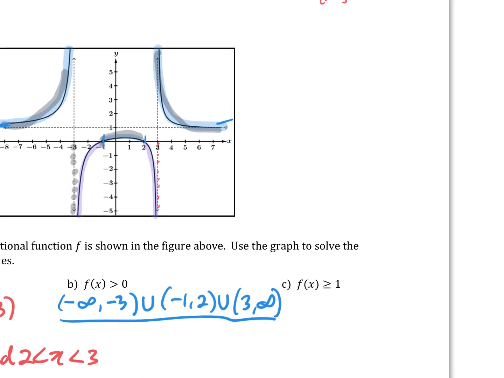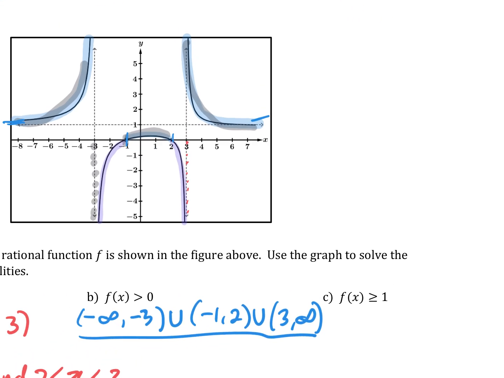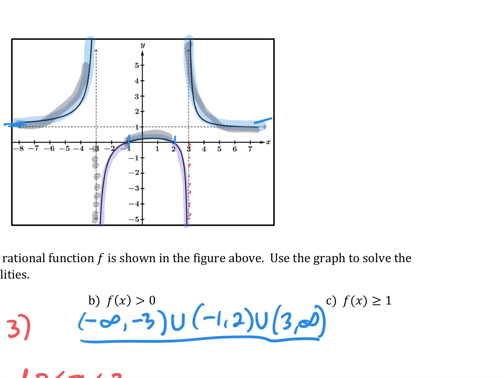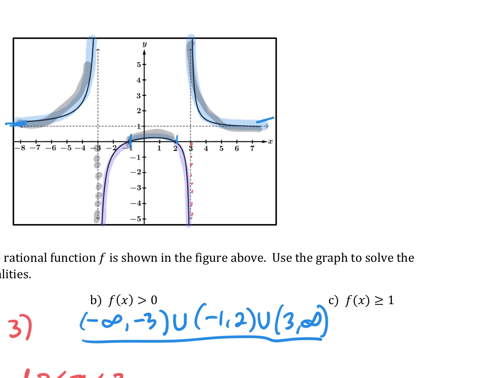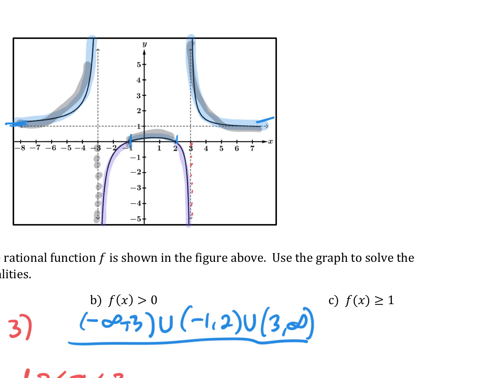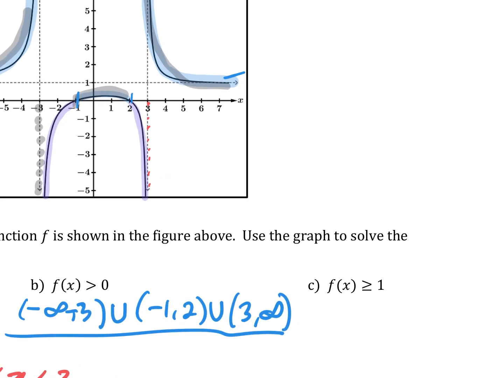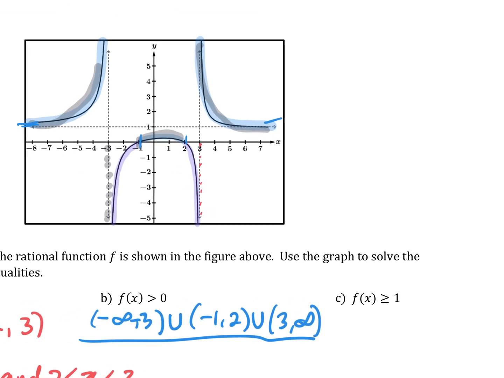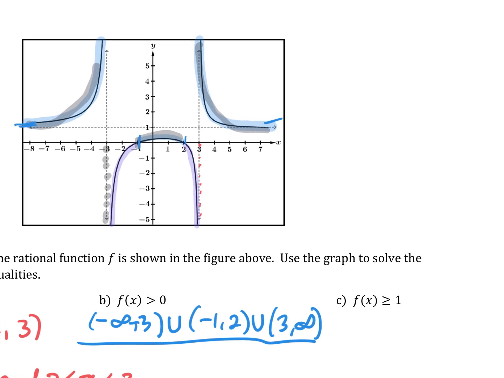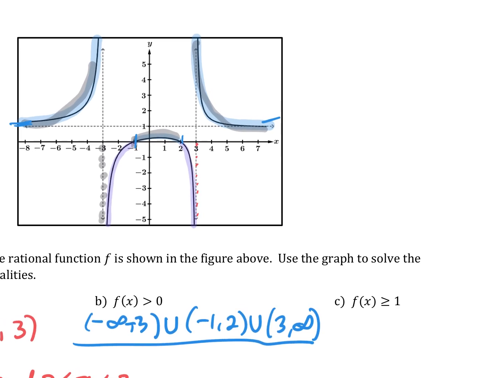Letter C says that f of x is greater than or equal to 1. If you notice, greater than 1 should be above 1. And what do you see in here? 1 is actually a horizontal asymptote.